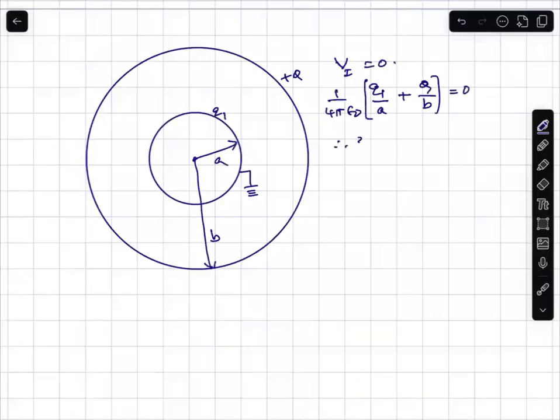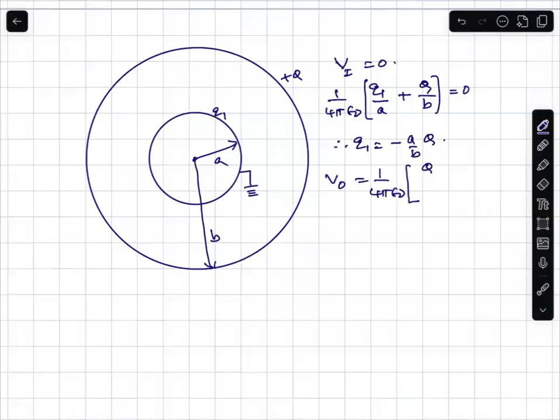So which implies q1 can be taken as minus a by b times q. Hold on, that is not what we are worried about. What we are worried about is V outside. This is nothing but 1 by 4 pi epsilon naught. Hold on. Why? The charge is Q. That's all. You have given charge Q, the net charge. Why Q plus Q1? Tell me.